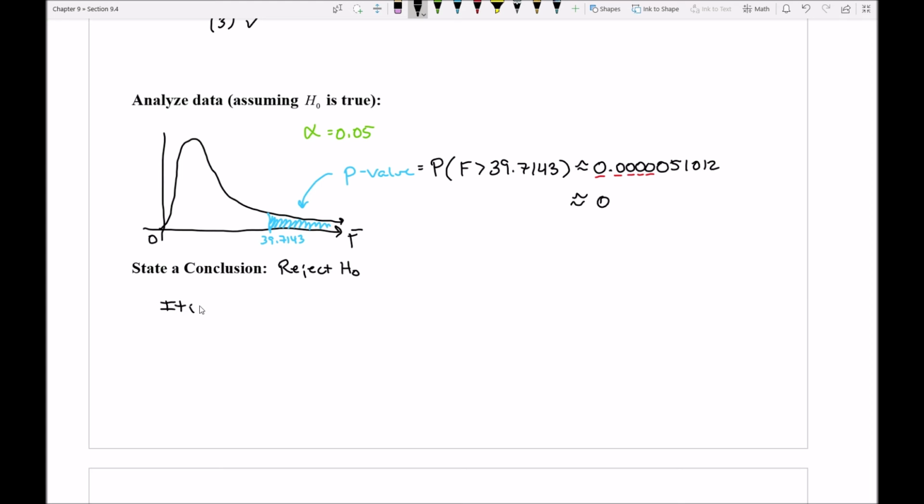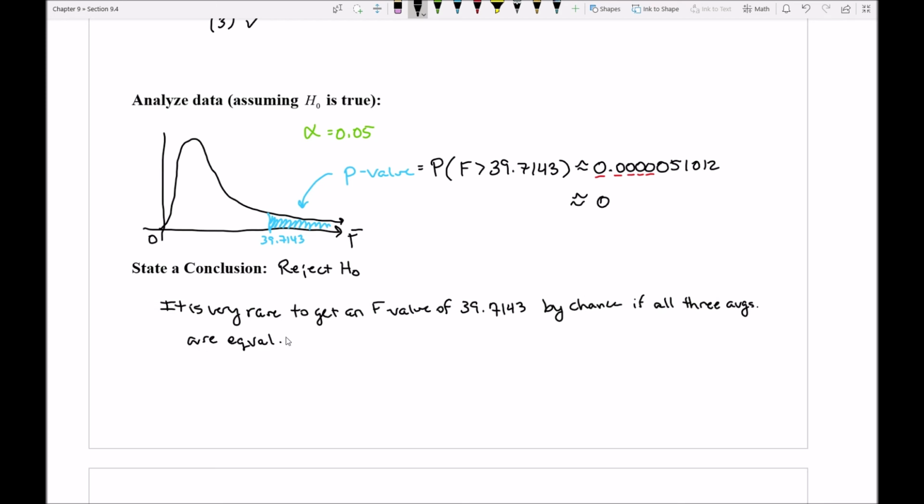So we'll say it is very rare to get an F value of 39.7143 by chance if all 3 averages are equal.